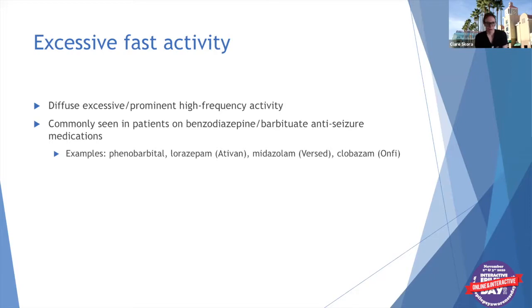It will cause excessive fast activity that we'll see. Or if the child is taking a medication called Onfi, that classically will cause excessive fast activity. And I just mention it because it's commented on, but it really does not have any clear significance, and it's not harmful. It's just an effect we see on the EEG. So if you see that and you're wondering why, it may be because your child is on one of those medications. And then in some cases, we just don't really know why.